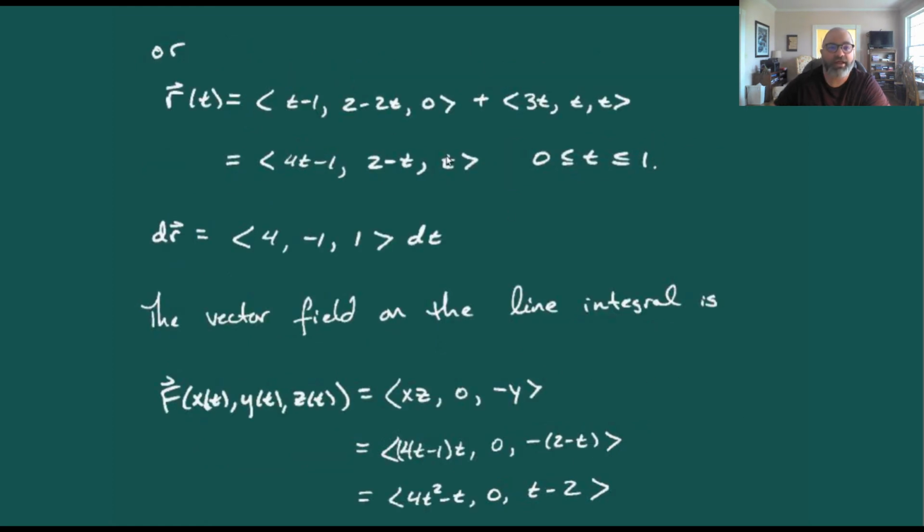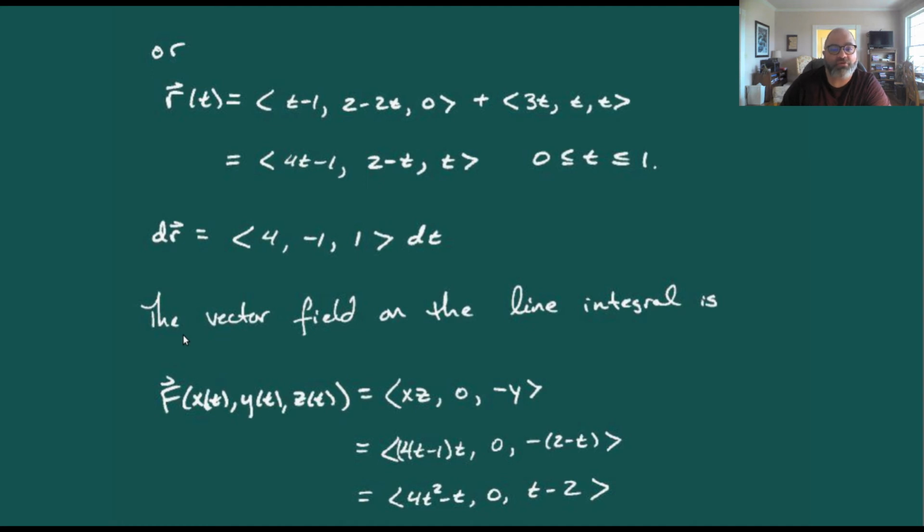If we simplify things a little, we get a parameterization of (4t minus 1, 2 minus t, t), with t going from 0 to 1. For our tangent vector, we just have dr being (4, -1, 1) dt.